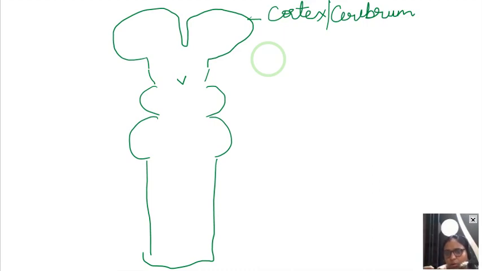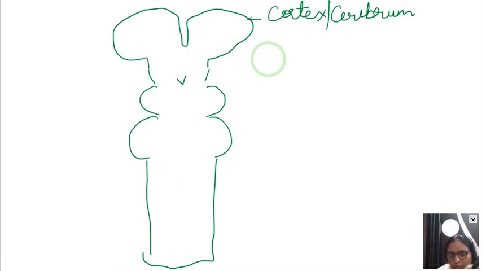From there the fibers take origin and descend downwards in the form of the corona radiata. What is the corona radiata? I told you in the ascending tracts also. It is a fan-like structure.